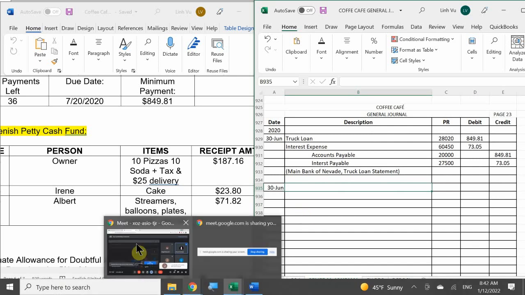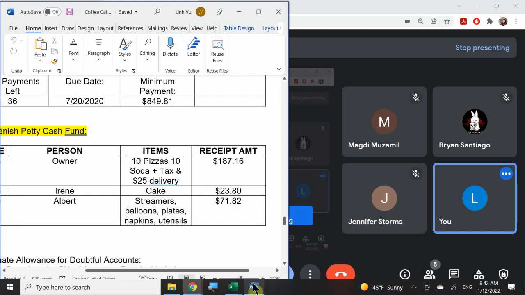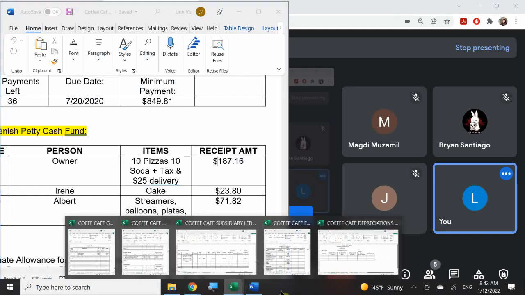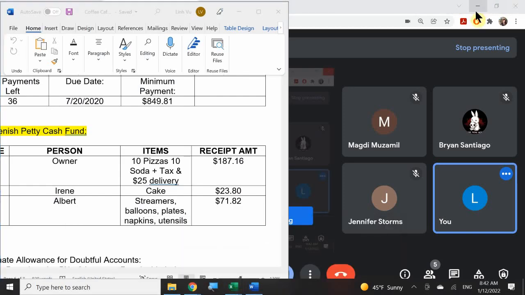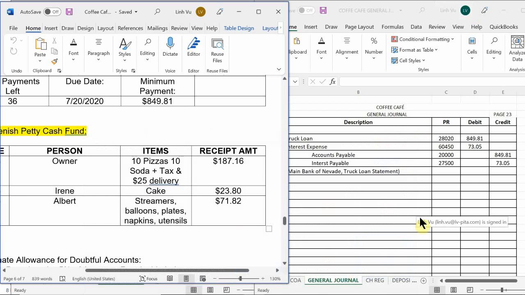Anybody? Okay, so if I have the petty cash drawer full of cash and receipts, how do I put that money back into the petty cash drawer?